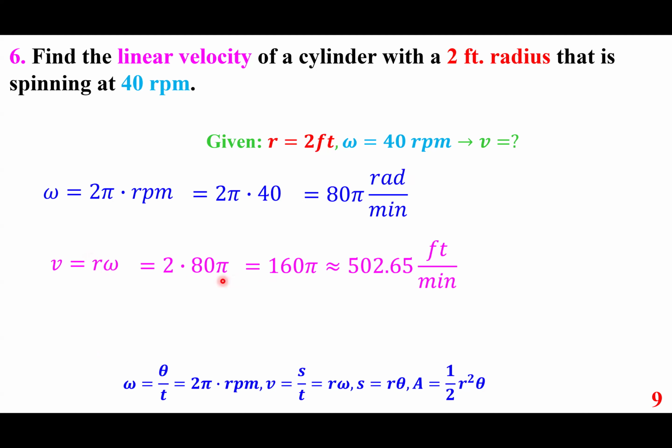So 160 pi, which is about 502.65 feet per minute. So pretty straightforward, everybody.